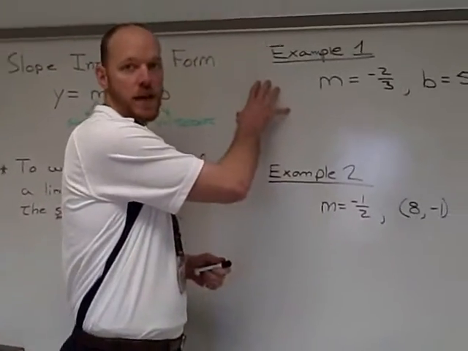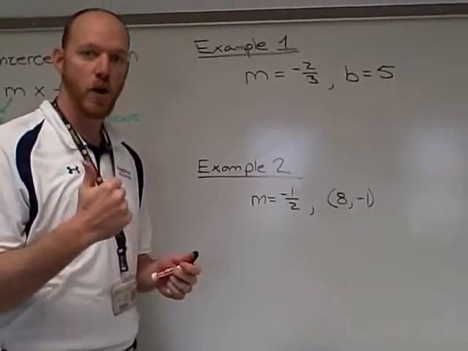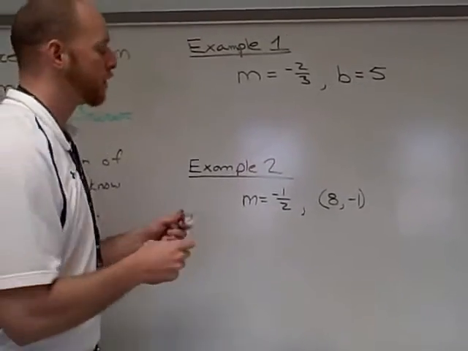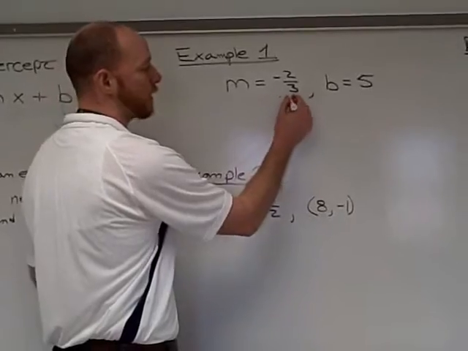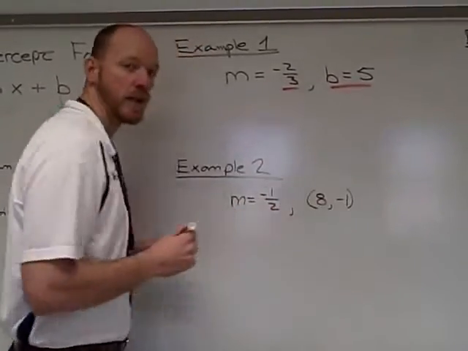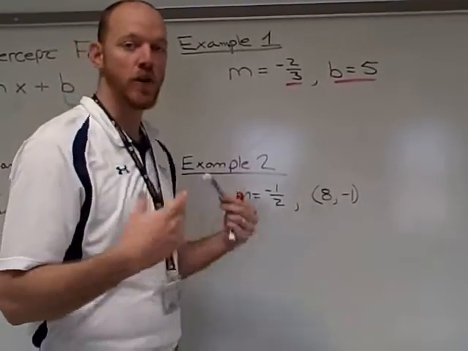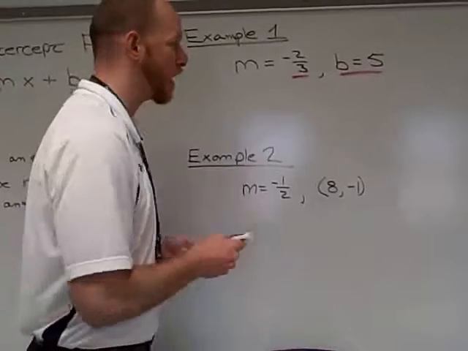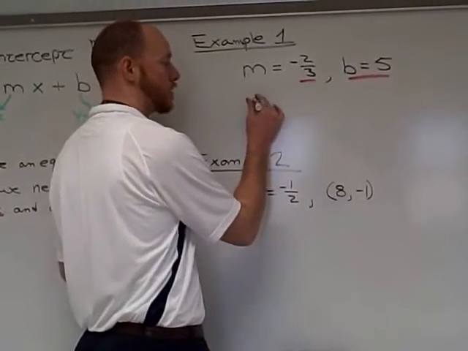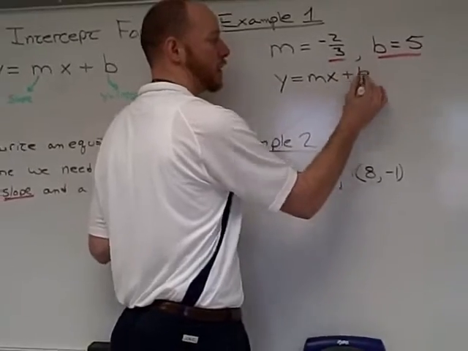The best case scenario would be like example 1. Keeping in mind that we need to know the slope and a point on a line, example 1 automatically gives us the slope, and it gives us a special point on the line. The point we're given is actually the y-intercept. So if I needed to write an equation of this line, this is in slope-intercept form, y equals mx plus b.